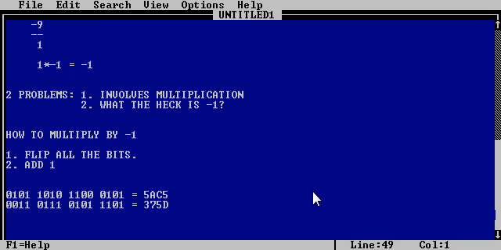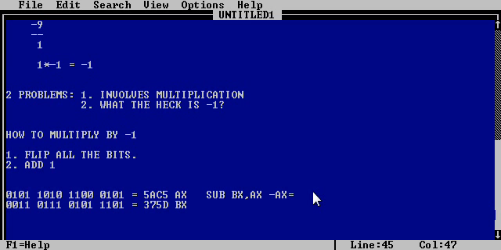Now, suppose this is from AX and this is BX. And we want to subtract AX from BX. According to the rule, what we do is multiply AX by minus 1 and add. So what is the negative of AX?